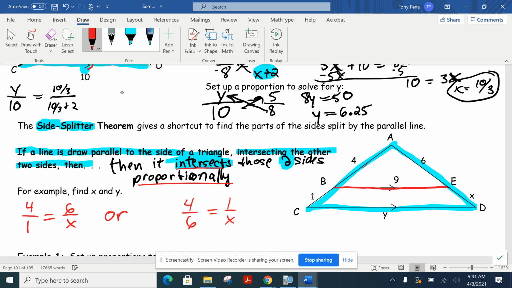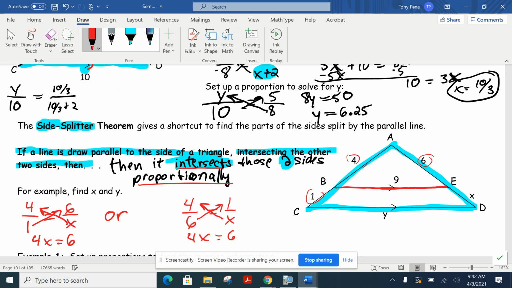As we move forward, I'm probably going to use the first one. I like just going 4 over 1, 6 over x. But both of them would work, because if you notice, when we crisscross, we get a 4x here. If we go to the other version and crisscross, you're going to get a 4x there. The 1 and the 6 make a 6, and then the same product over here equals 6.